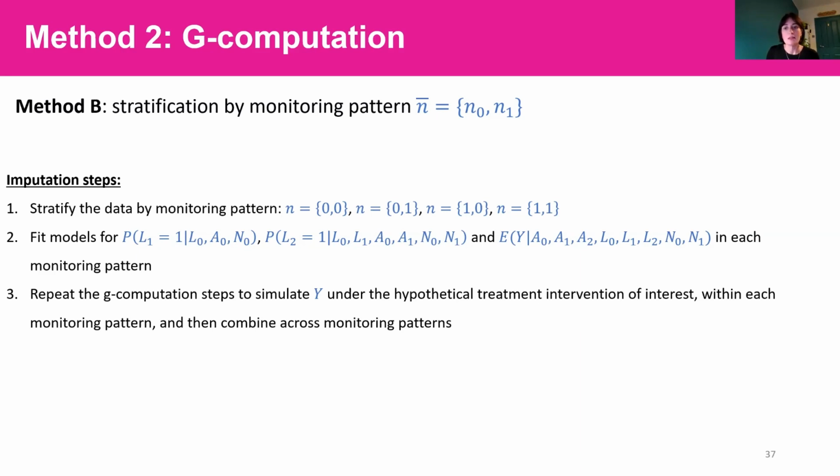Then we repeat the G computation steps just described, but this time within each monitoring pattern, to simulate Y under the hypothetical treatment intervention of interest. We can combine results across the monitoring patterns to get our estimate of the expected potential outcome.